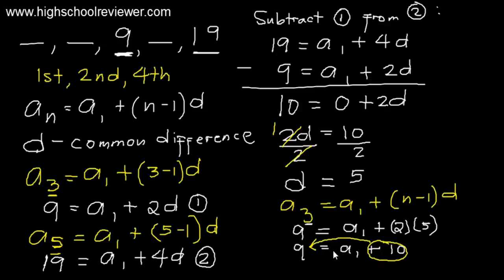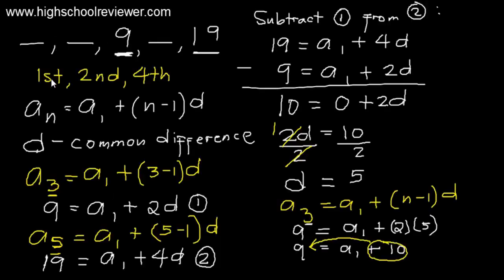So this will be 9 minus 10 equals a sub 1. Okay, 9 minus 10 is negative 1, so we can interchange this. A sub 1 will be equal to 9 minus 10, that is negative 1. So our a sub 1 now is negative 1. We have the value for the first term, negative 1.